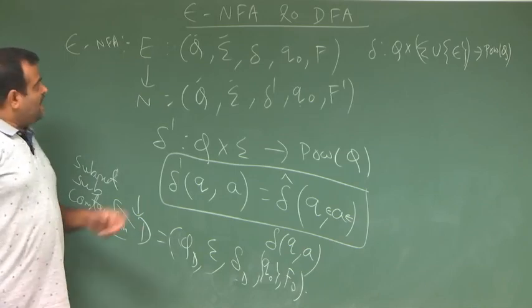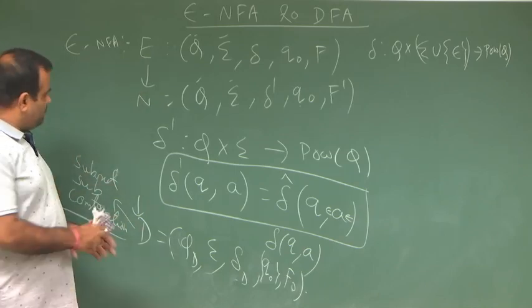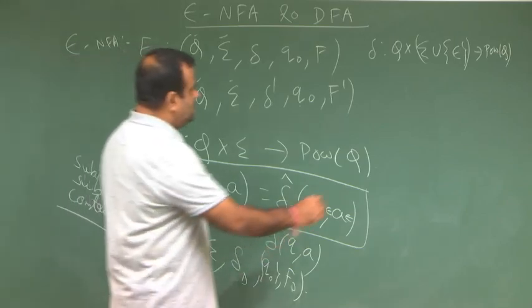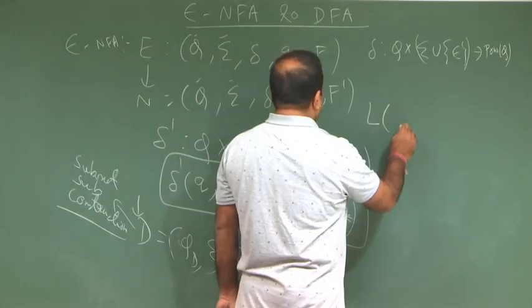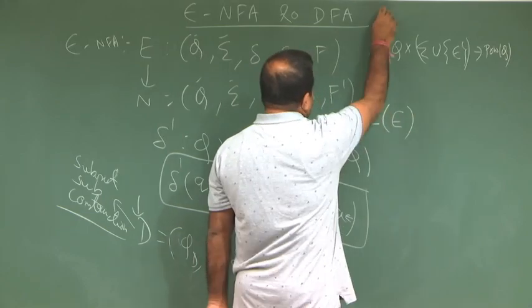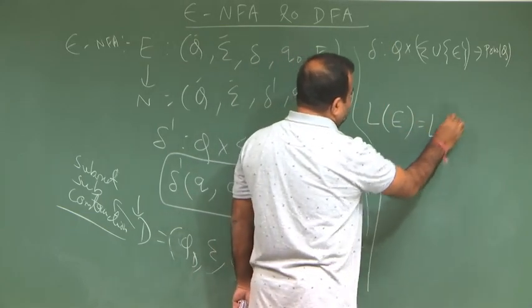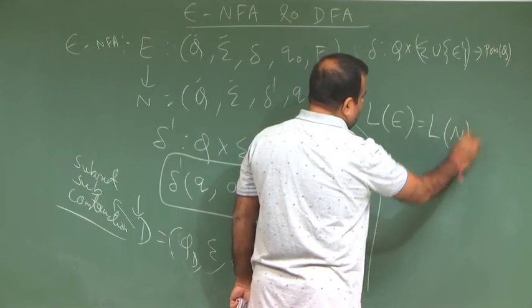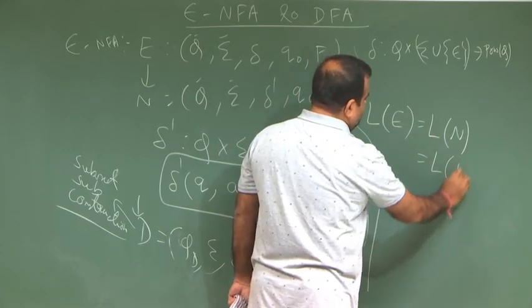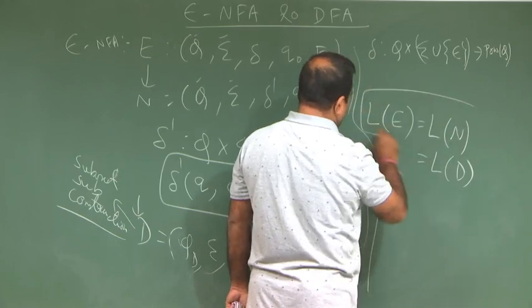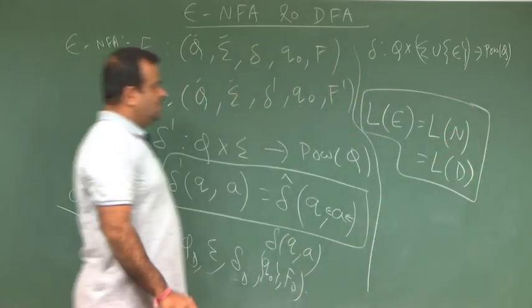Now we can prove that the language accepted by this ε-NFA is the same as the language accepted by the NFA, which is the same as the language accepted by this DFA. So they are basically equivalent.